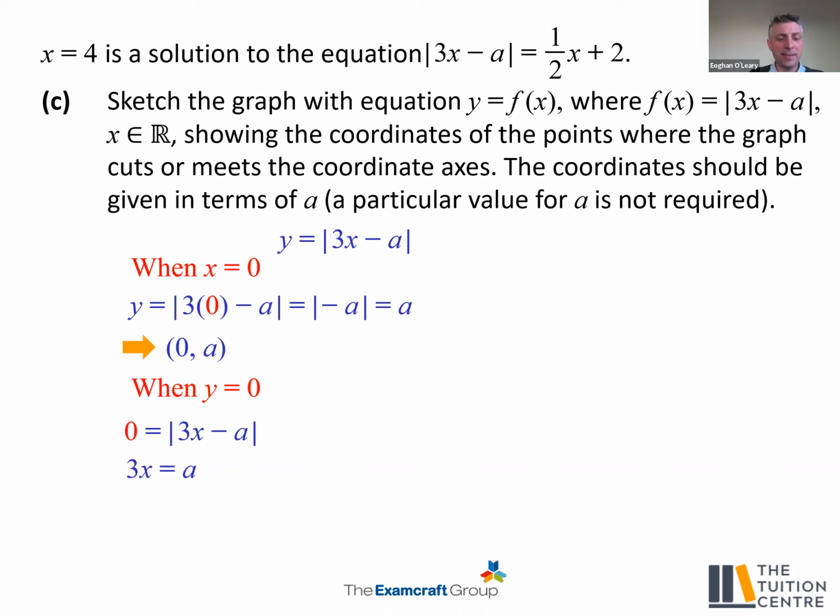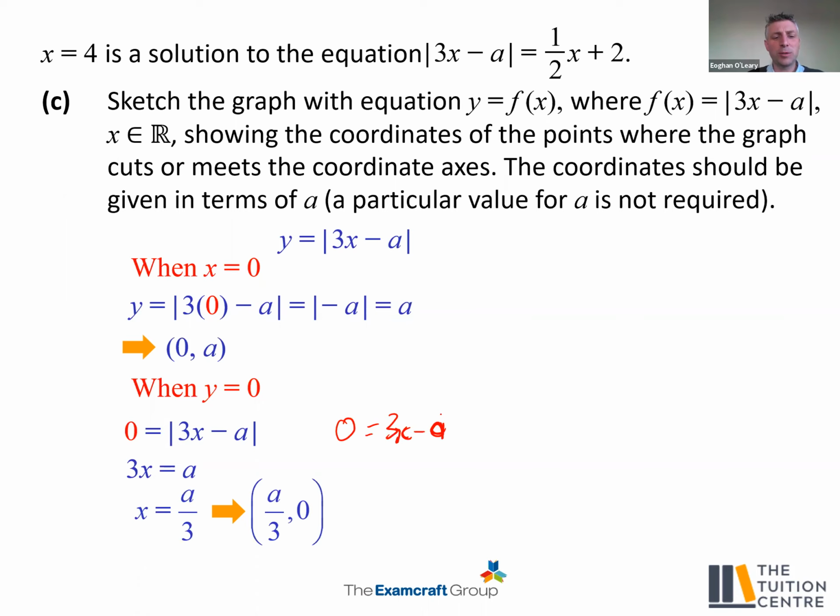So you can have 0 is equal to 3x minus a as your plus case. So 3x is equal to a, x is equal to a over 3. So your point in this case would be (a over 3, 0).